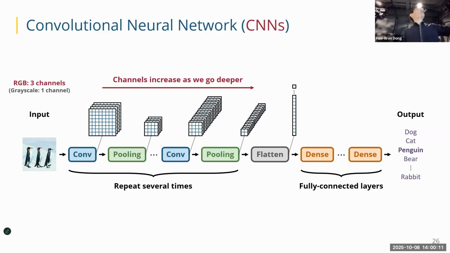And that's the intuition behind why resolution reduces. At the same time, channels increase because now you are learning more and more nuance about the objects or the features that you are trying to detect. But now you care less about where exactly they are. You just want to know whether you detect something at that rough position.